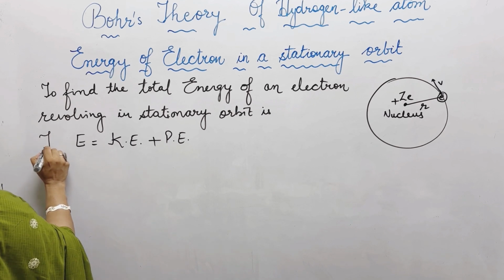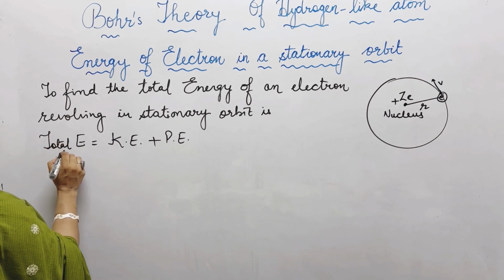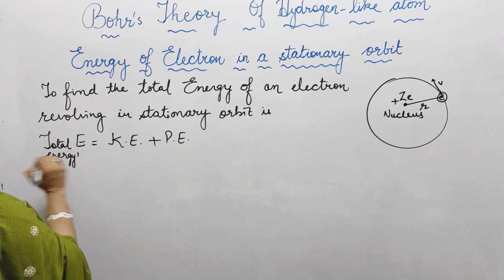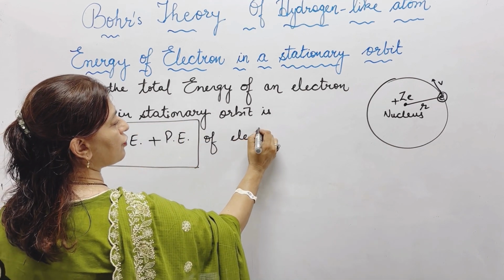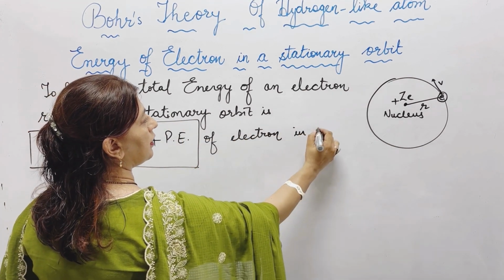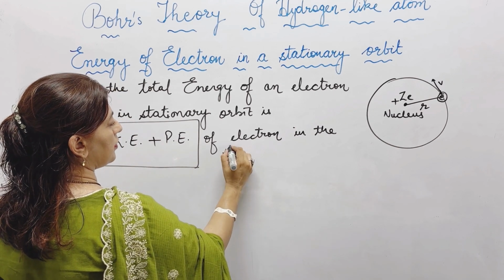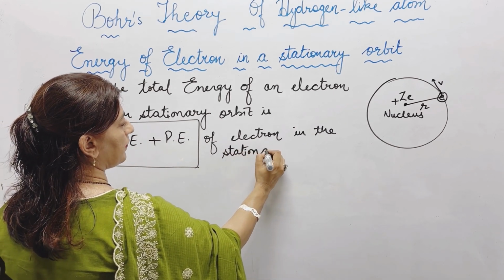So that is going to give us, we'll mention it as the total energy denoted by E of electron in the stationary orbit.